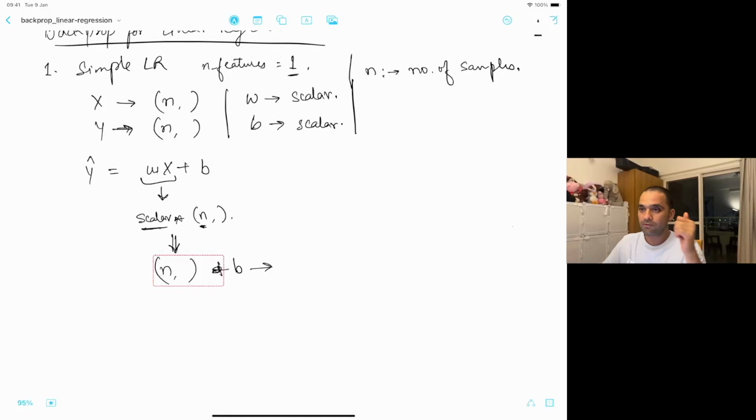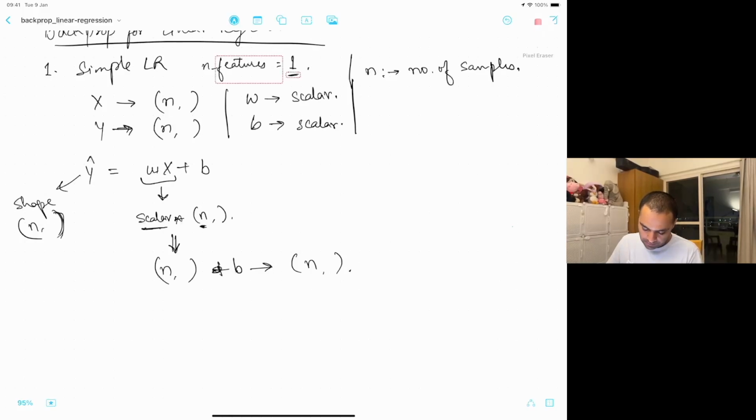So this will give you a vector of length n. So the y hat shape will come out to be the same as y. I'll just erase these lines because they were just for understanding.